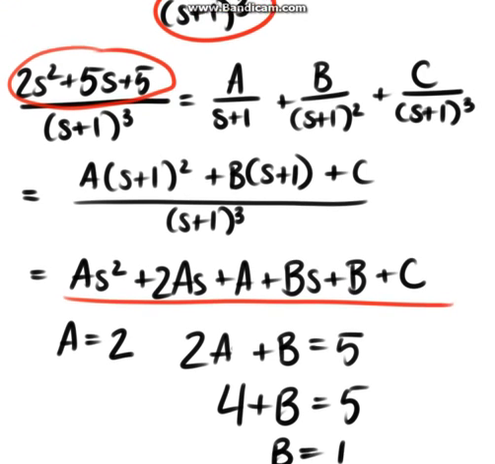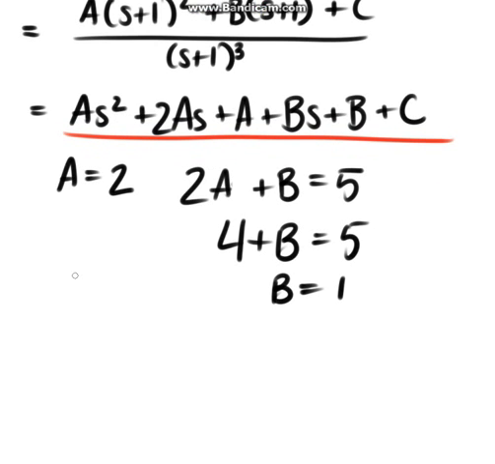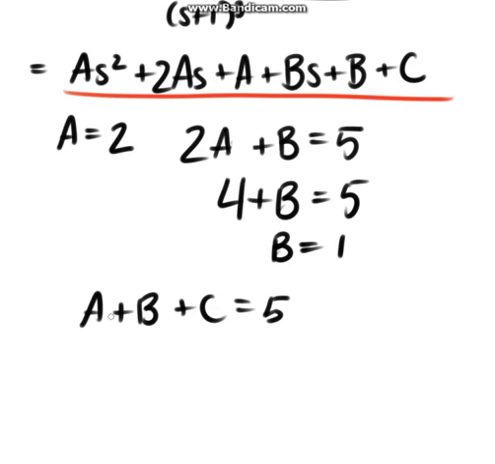And for the constant term 5 here, we get A plus B plus C must equal 5. And knowing that A is 2 and B is 1, therefore C is 2.